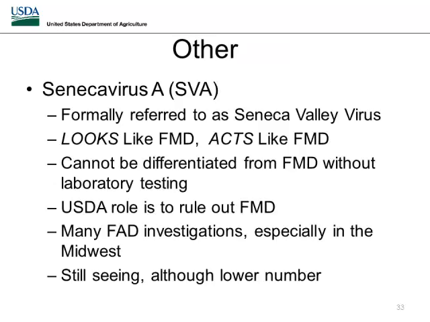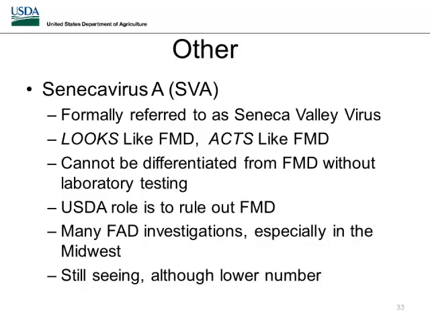I'd like to go a little bit over Seneca Valley virus, or Seneca virus A, in swine. With this disease, it looks like FMD, it acts like FMD. You cannot differentiate it from FMD. So my main point of this slide is that just because you have Seneca Valley virus in the herd doesn't mean you also don't have FMD in the herd.